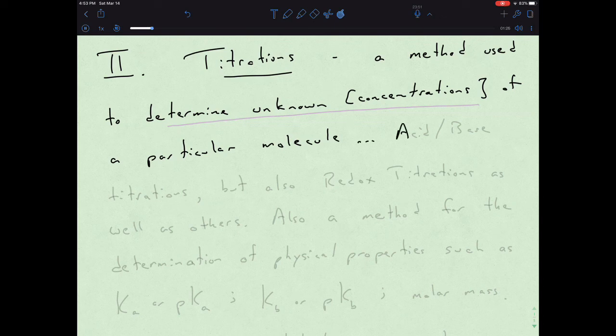There are acid-base titrations, and that's what we tend to focus on within this section, but there are also others.